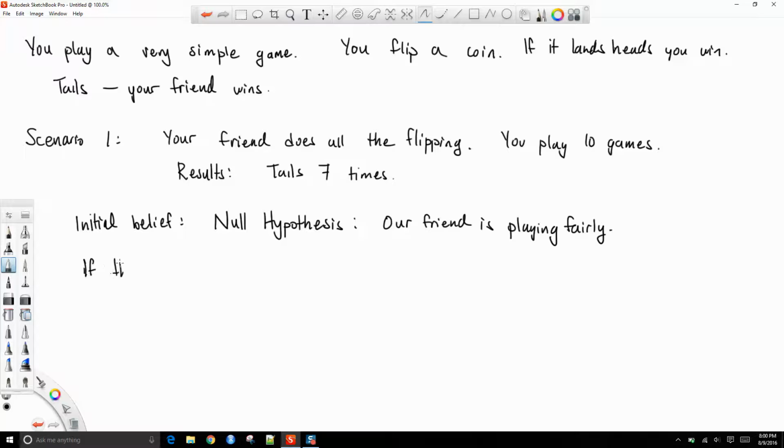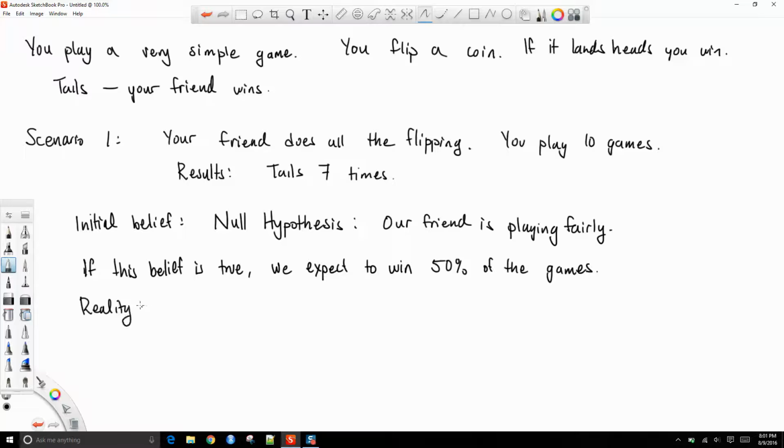So if this belief is true, we expect to win 50% of the games. What is the reality? We win only 30% of the games.